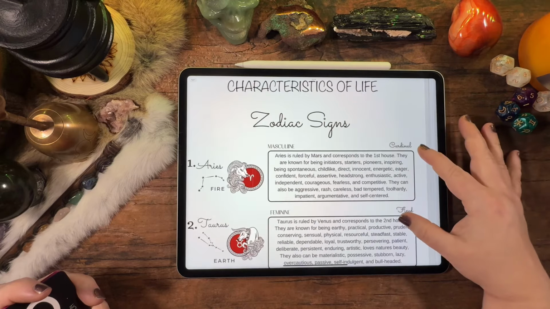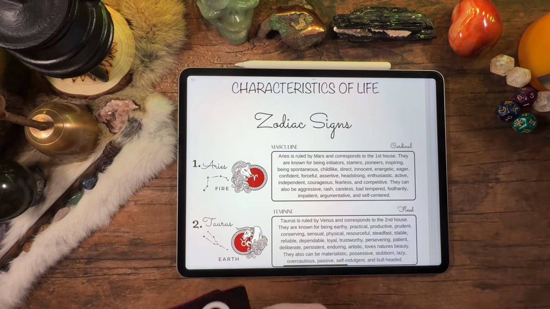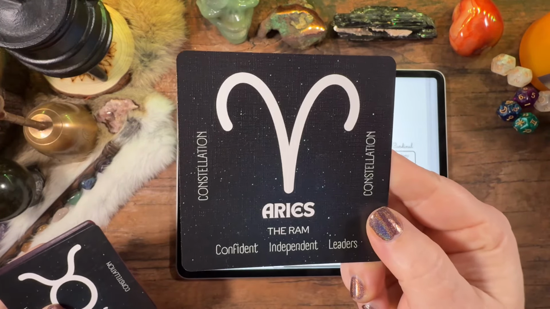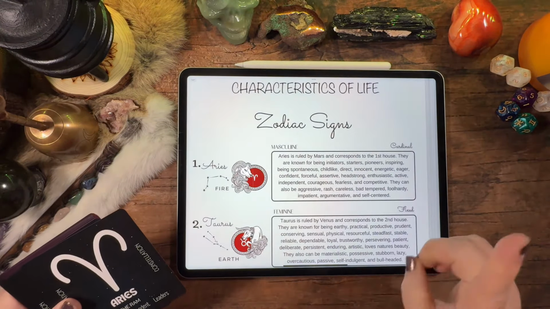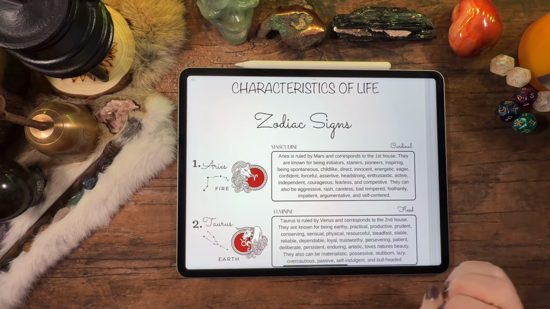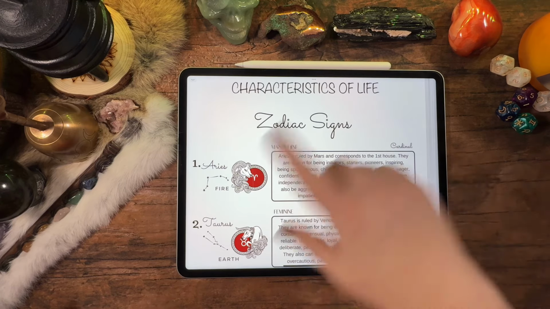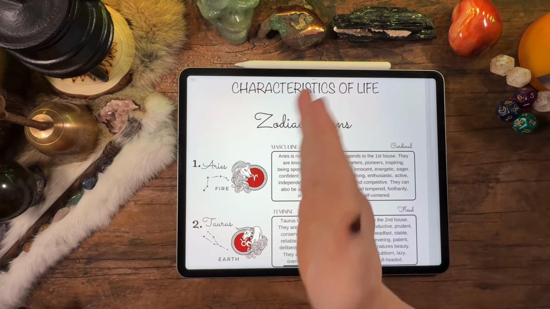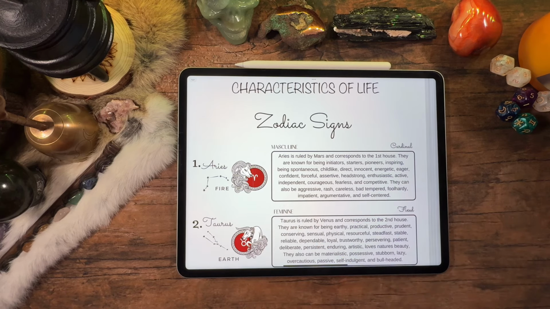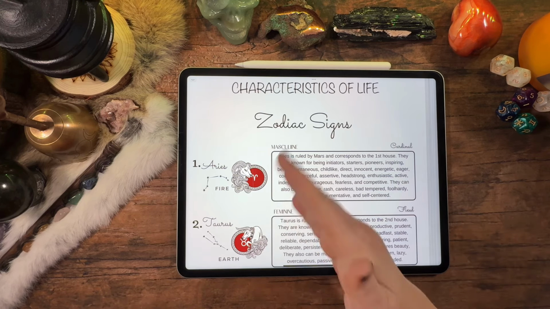Aries, this is what we know about Aries. This is what the sign looks like on an astrological chart, which we will go back to in a minute. But Aries is ruled by Mars, so Mars is its ruling planet, and it corresponds to the first house in astrology. What that means is that when they separated the sky into 12 different categories, each category was based off of what would be important to each one of its counterparts.